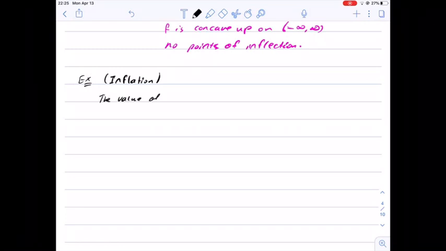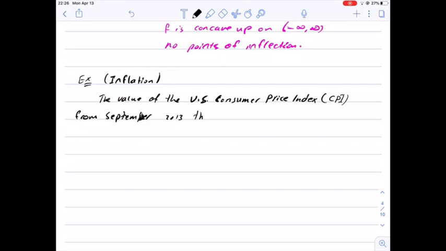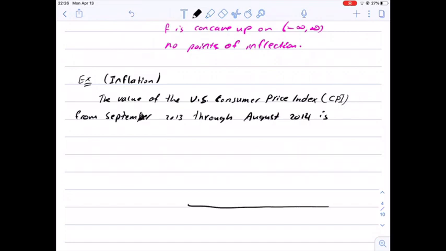The value of the US consumer price index, denoted as CPI, from September 2013 through August 2014 is shown in the below figure.